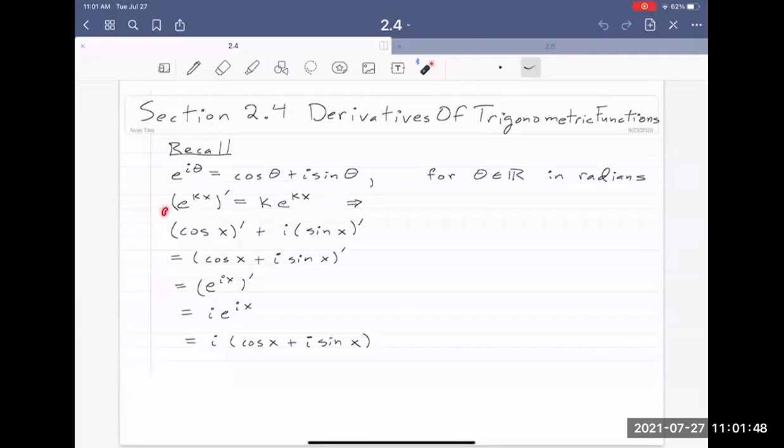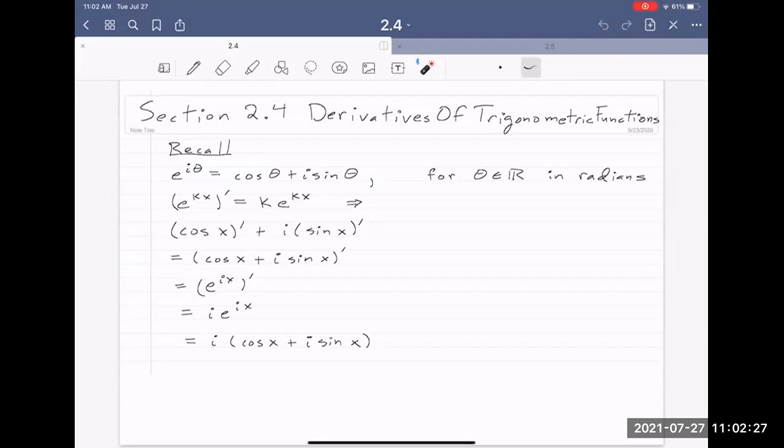Now, it turns out that you will show in Math 262 that the derivative of e to the kx is just k e to the kx. That fact is easily derived from the definition of your exponential function.